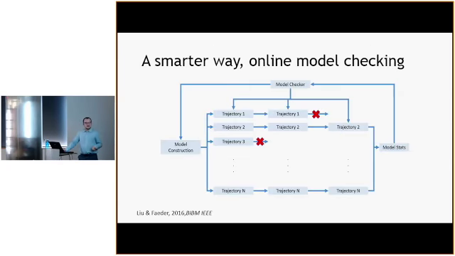Then in 2016, Dr. Bing Liu's work on statistical model checking involved a method called online model checking. In his models, there's a model checker, and he defines some logics in the middle of the trajectory. The simulation is stopped, and he checks whether the logic holds or not.